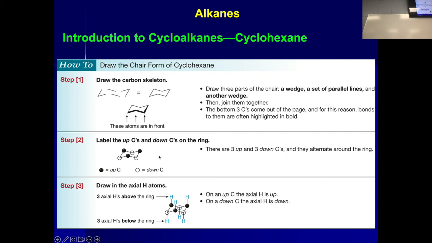But you need to know how to draw cyclohexane. This is the way that I like to draw it. I like to start off down here and draw a little bit of a lopsided V. I draw 2 parallel lines, more or less, and then I draw another V. That is cyclohexane.